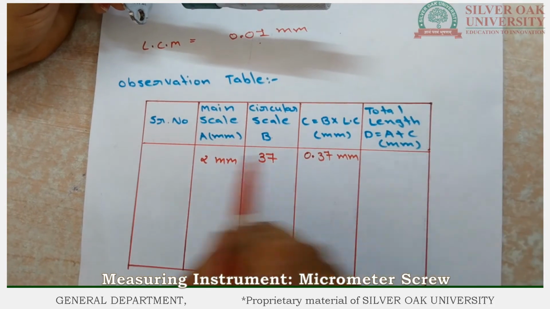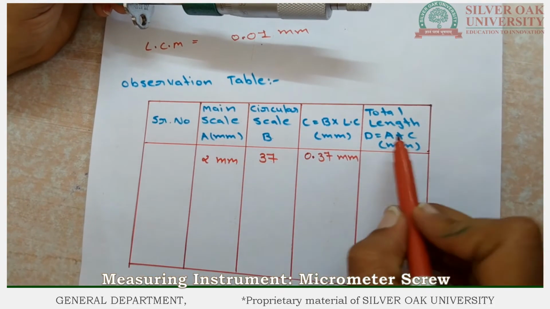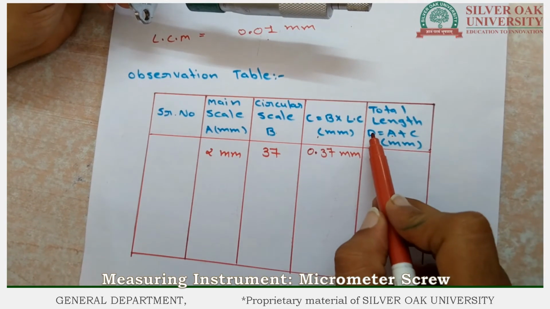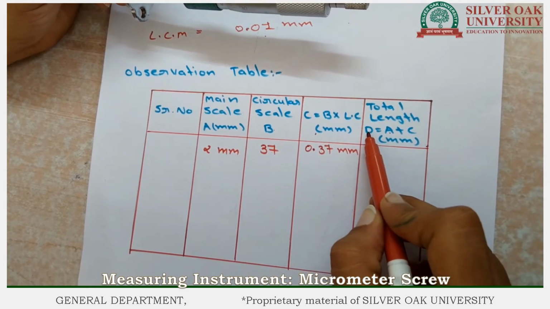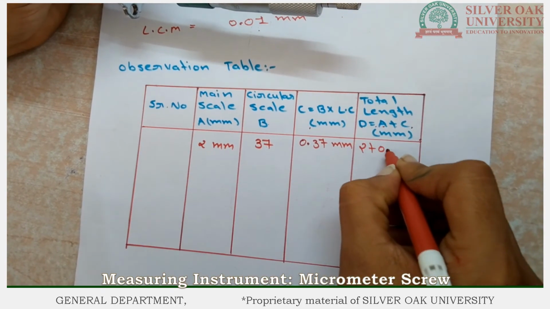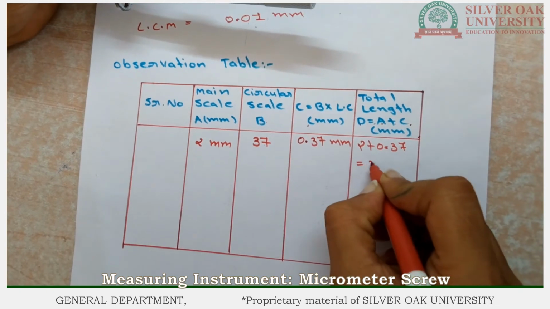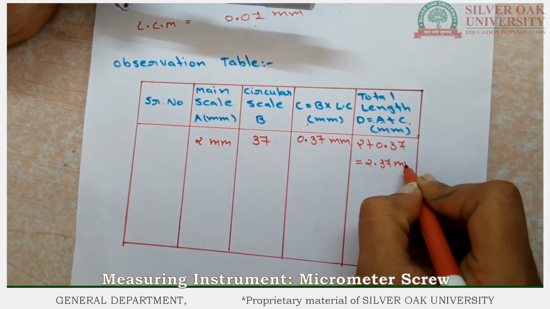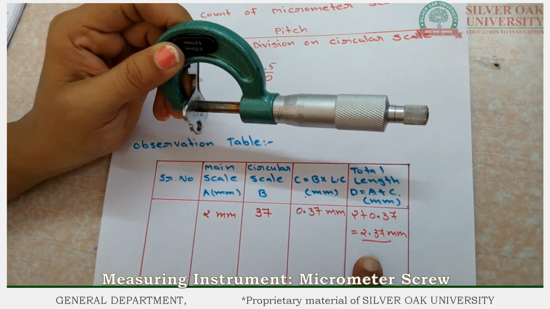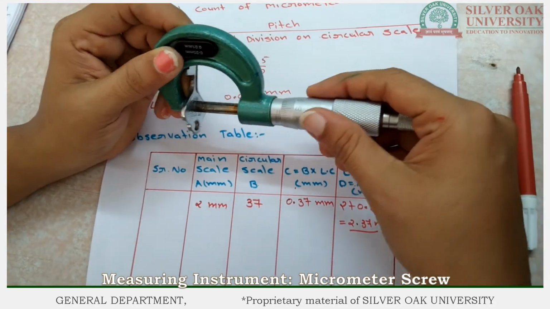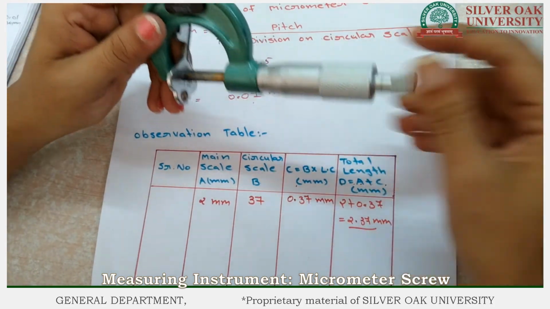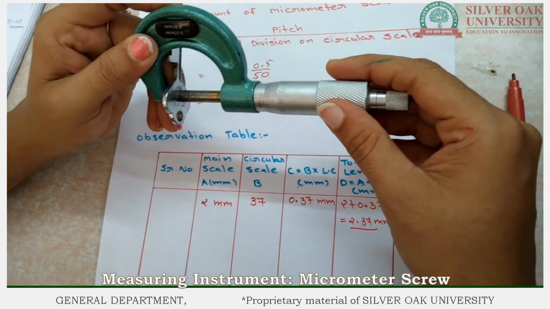Now the total thickness of this key is the main scale reading A plus this C. So the total thickness D is equal to A plus C. So it is 2 plus 0.37, which is nothing but 2.37 millimeters. So the thickness of this key is 2.37 millimeters. This is how we can measure various dimensions of an object with an accuracy of 2 decimal points by using the micrometer screw.